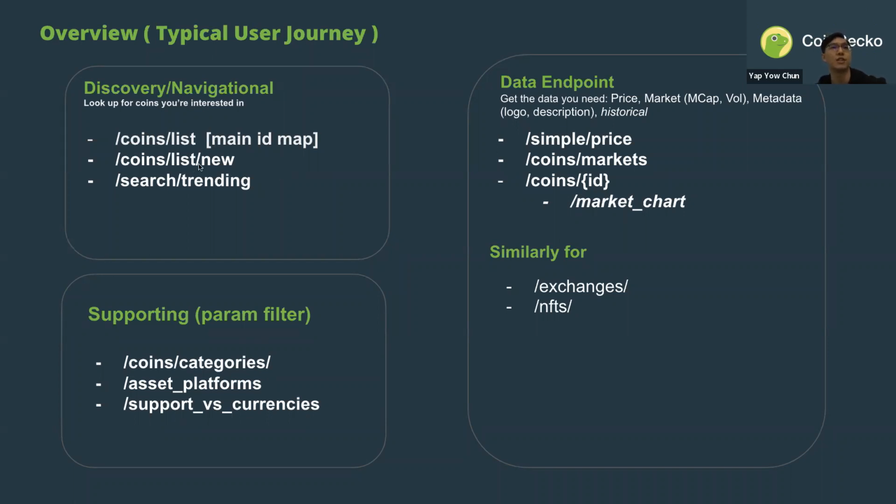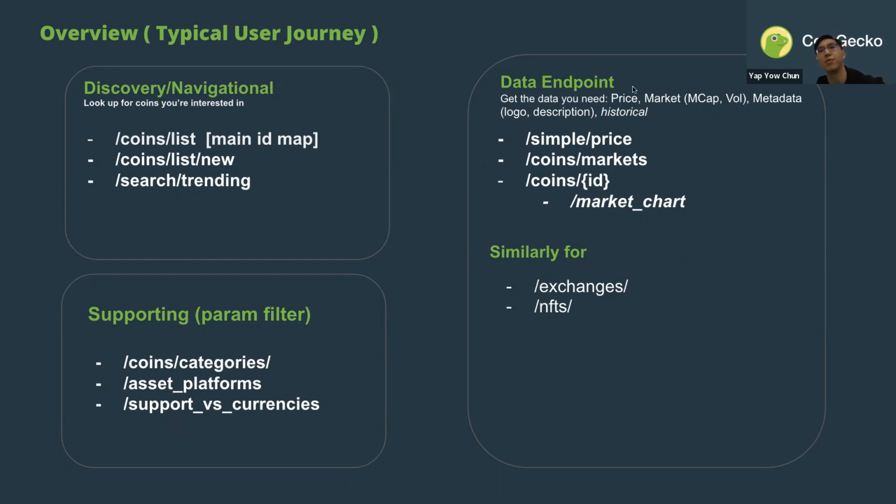The second one, /coin/list/new, is a pro-only API, which returns all the newly listed coins in CoinGecko. /search/trending returns the trending coins and also categories in CoinGecko.